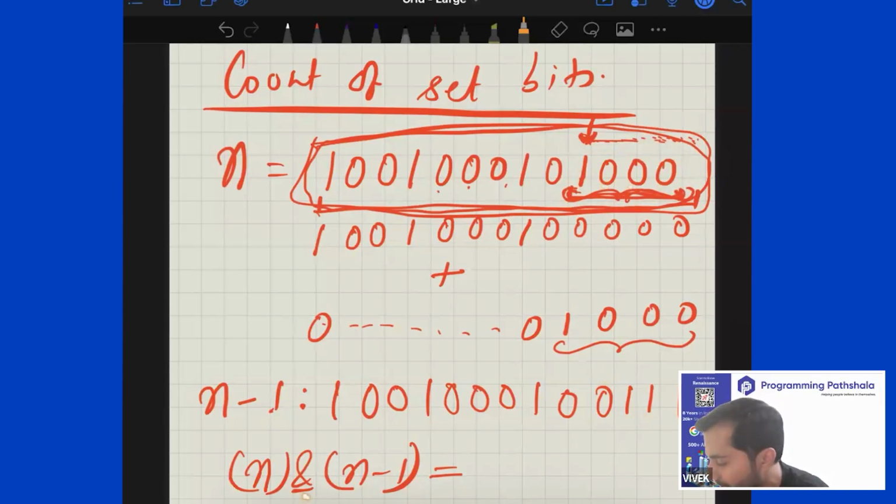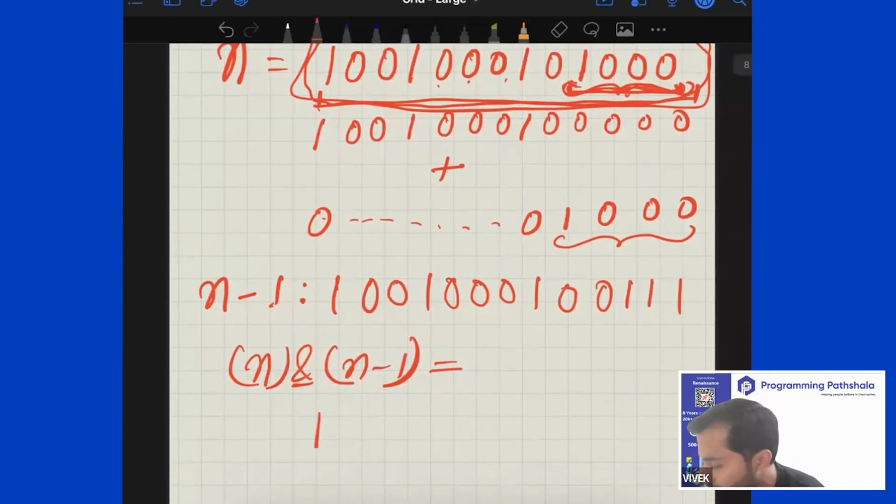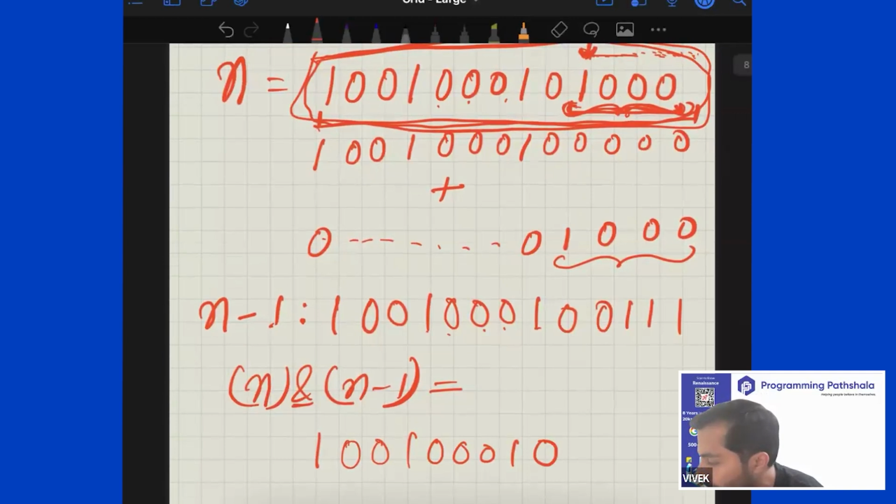So if you're taking an AND of this and that, then in one shot all these 4 bits will vanish. It means that you will end up getting 1, 0, 0, 1, so it's intact so far, then 0, 0, 0, 1, then this 0, and the last 4 bits will become 0, 0, 0, 0.